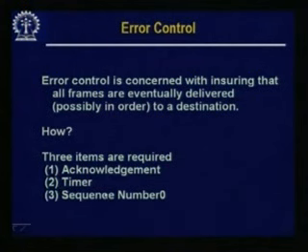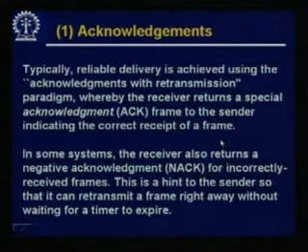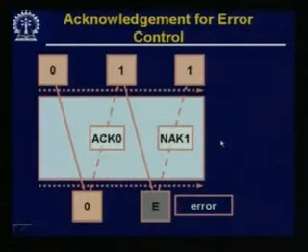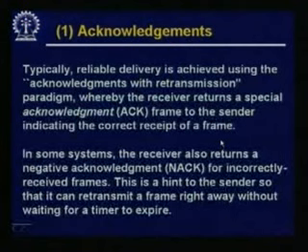That means the receiver, after receiving a frame, will send an acknowledgement. In some systems, the receiver also returns a negative acknowledgement for an incorrectly received frame. This is a hint to the sender, so that it can retransmit a frame right away without waiting for a timer to expire.